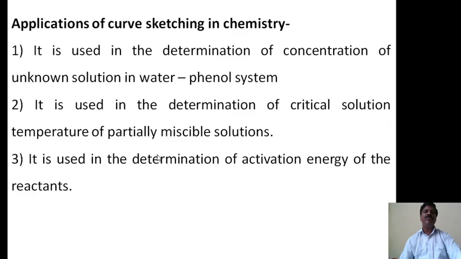The energy from the reactants to the top, the maximum of the curve, is called the energy of activation. And what the energy of activation is can be determined by using this curve sketching.